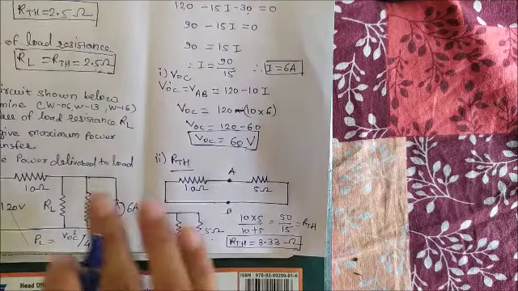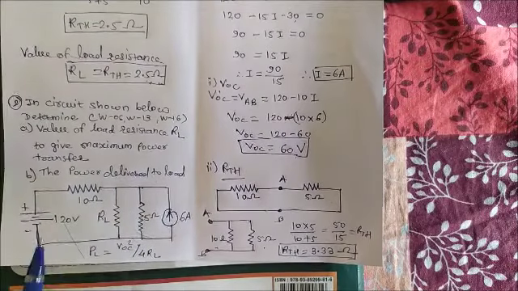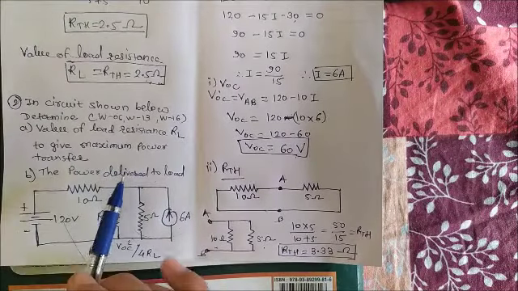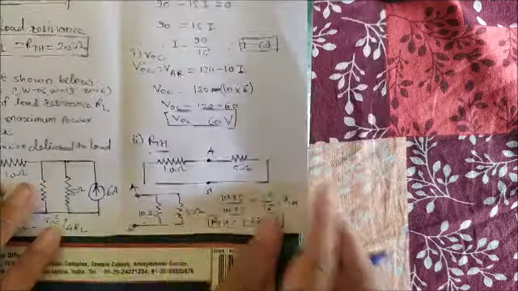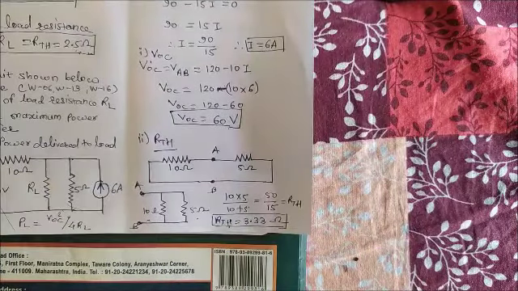And we know what we have to determine here: the value of load resistance to get maximum power transfer, and we will get maximum power transfer when RL is equal to RTH. That means the value of RTH is 3.33 ohm.